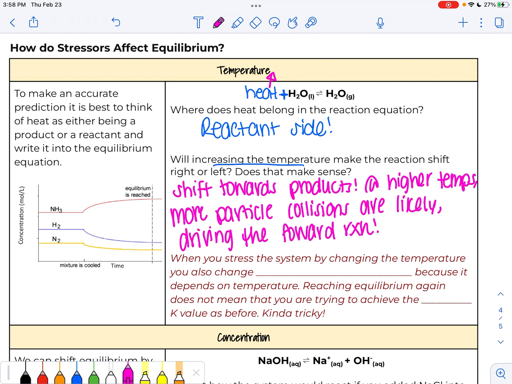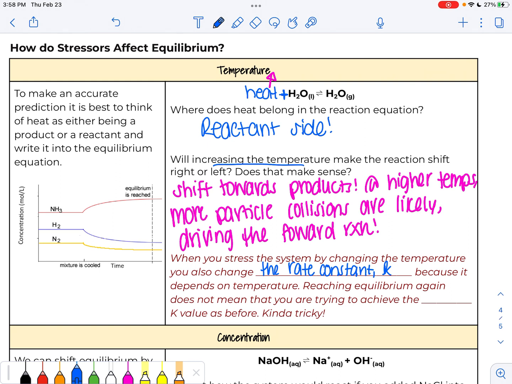One important thing that you need to know about effects of temperature. When you stress the system by changing the temperature, you also change the rate constant, k, lowercase k.